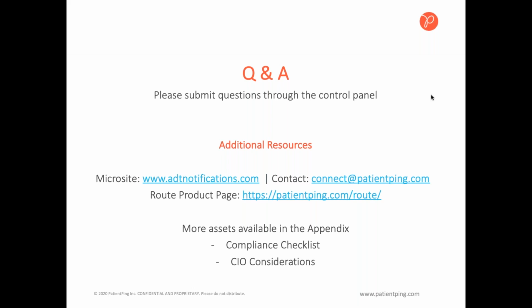Okay, great. This is probably for Vanessa. Is there a limit on the number of providers a patient can have their discharge information sent to by the hospital? Yeah, I'm happy to take that. No, that's not specified. So if you have multiple providers that the patient specifies, or that have that established care relationship with the patient, there is no limit.